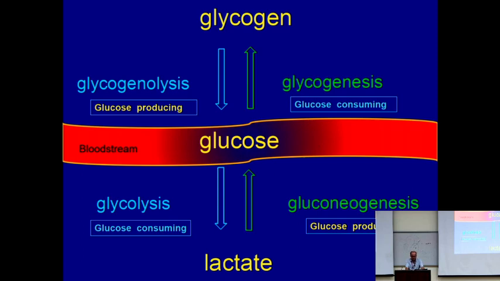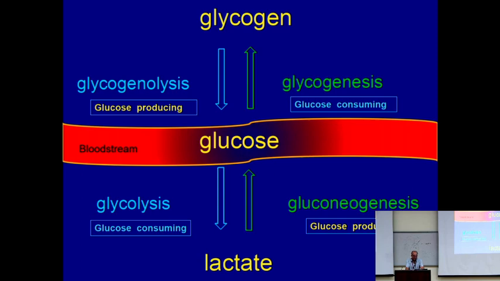So you're intuitively, again, should think, okay, when do we need this? When does the body need to produce glucose? Typically, when you're in a fasting state. And fasting simply means about 5 hours without a meal.